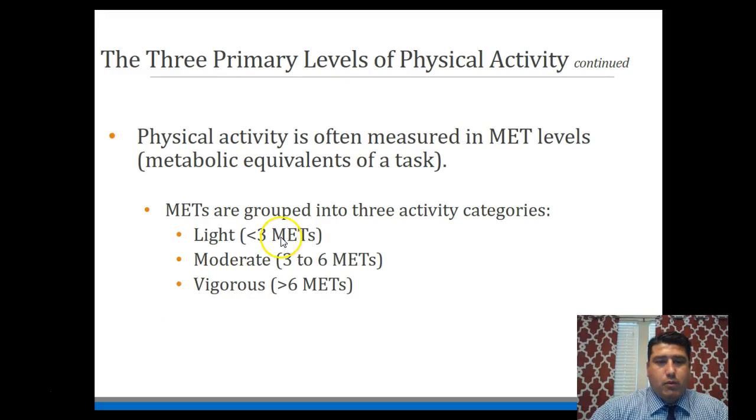Whenever we group activity, we can group it into light, moderate, and vigorous according to how many METs are required to continue that activity. So 3 METs isn't a whole lot. 3 to 6 METs is a little bit more, but anything over 6 METs is considered to be vigorous. So that's just a basic explanation of what METs are.